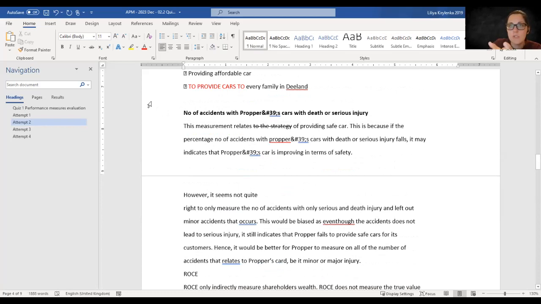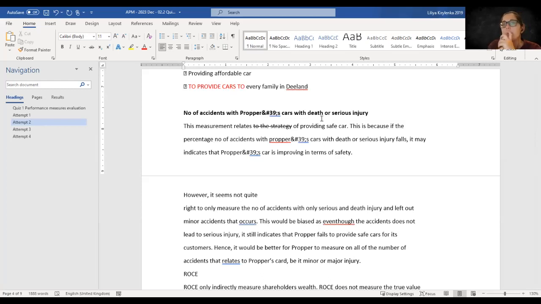So you state the metric, then you just state that this relates to this part of the mission, and now you try to explain it by means of analyzing the numbers. You should not be analyzing the numbers. You would need to treat numbers as axes, because your job in this exam is to talk only about the template of the report, not about the figures themselves. So that is not an explanation that this measure helps.